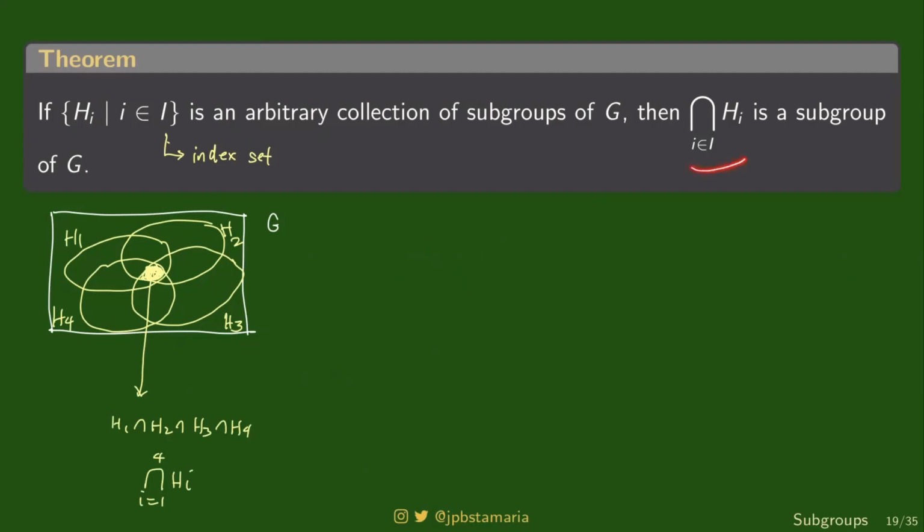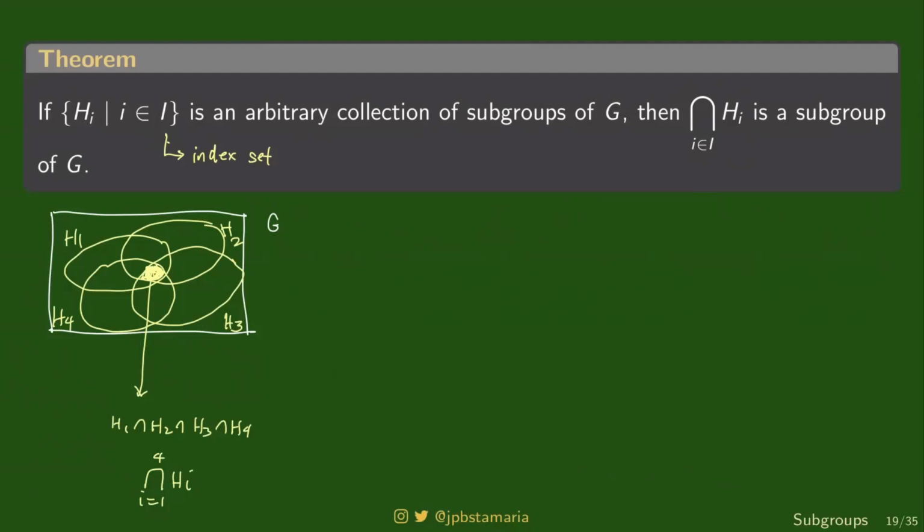In general, ganito siya sinusulat if you want to make it arbitrary. Yung intersection daw na yun, palaging subgroup. Nice, no? Sabihin, pag meron ka ng ibang examples ng subgroups, just take their intersection will form another subgroup. Okay ba yun? Maintindihan ba yun?